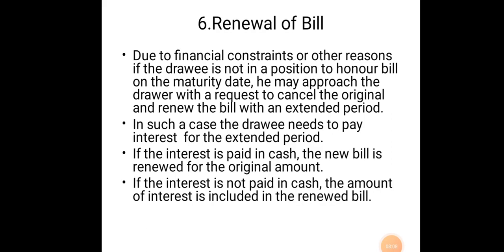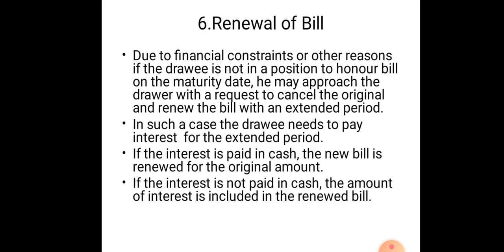Sixth one, renewal of the bill. Due to financial constraints or other reasons, if the drawee is not in a position to honor bill on the maturity date, he may approach the drawer with a request to cancel the original and renew the bill with an extended period.